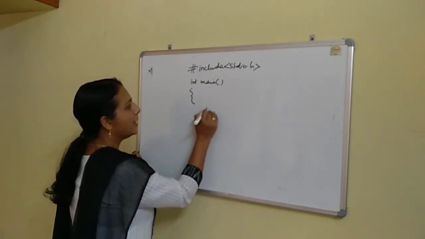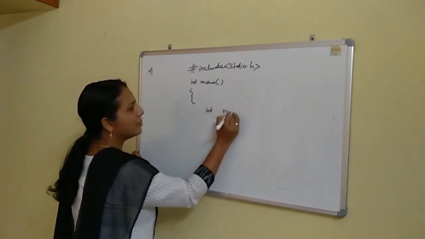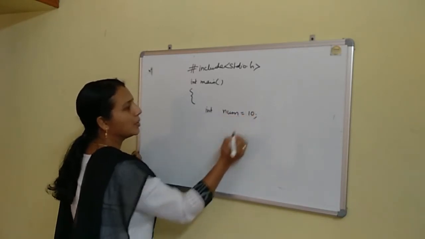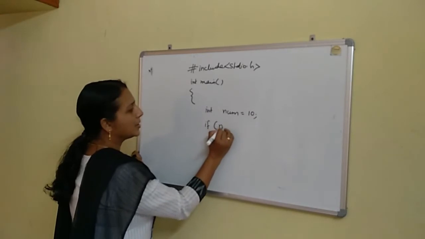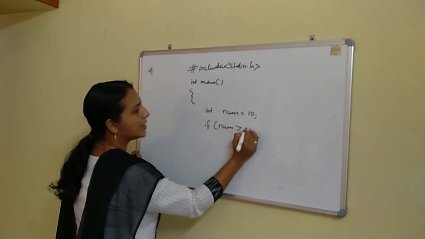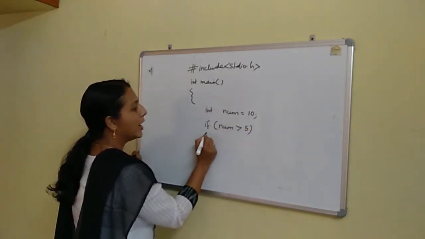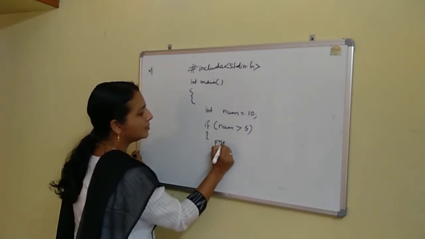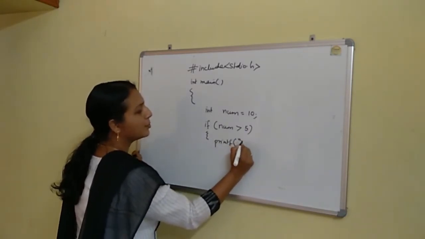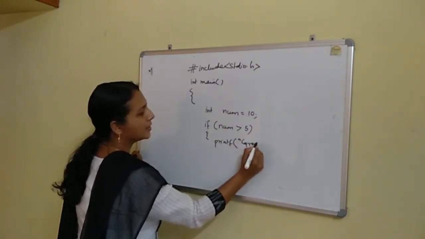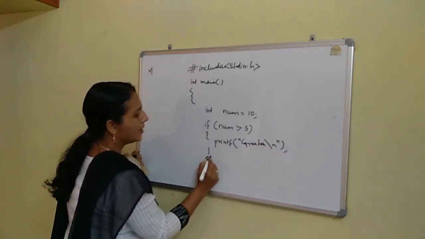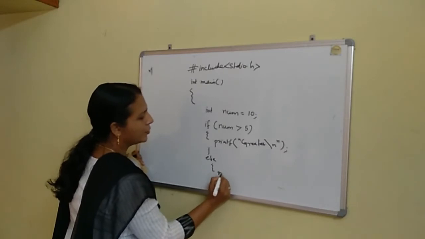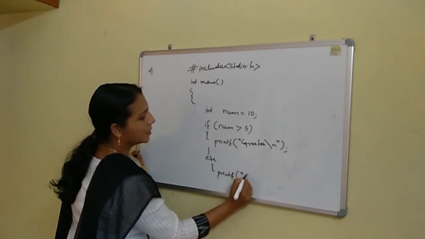Suppose we have an integer num equal to 10. We are going to check: if num is greater than 5, you have to print greater, else you have to print smaller.